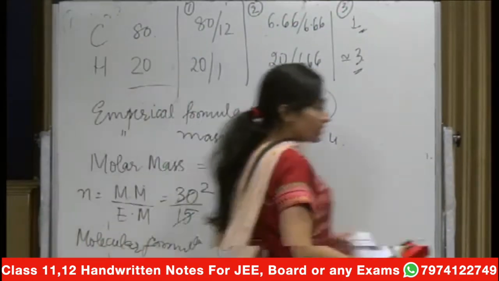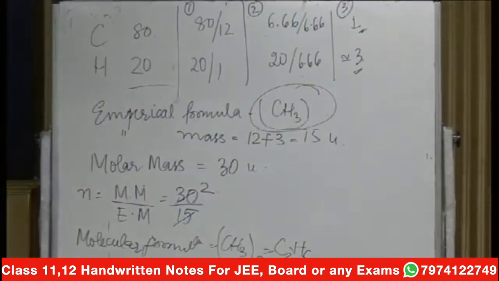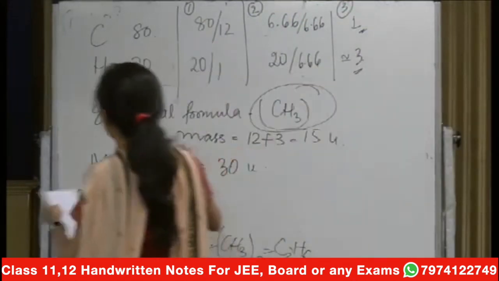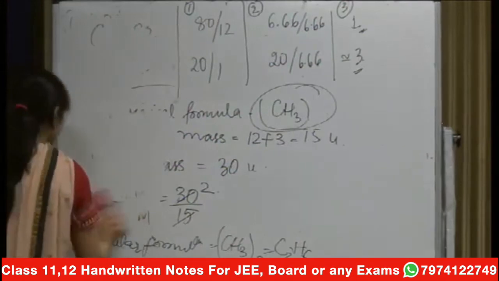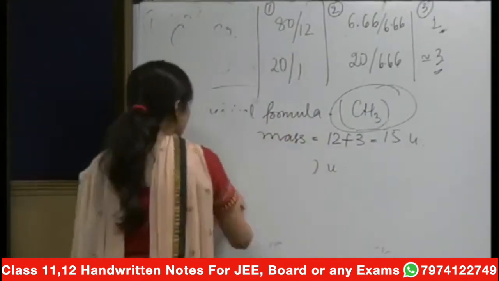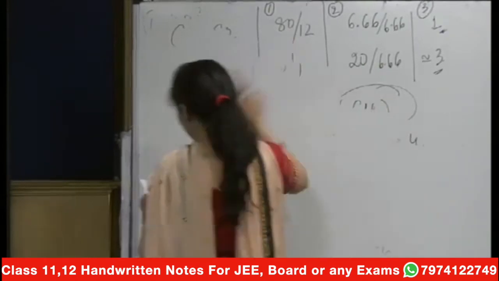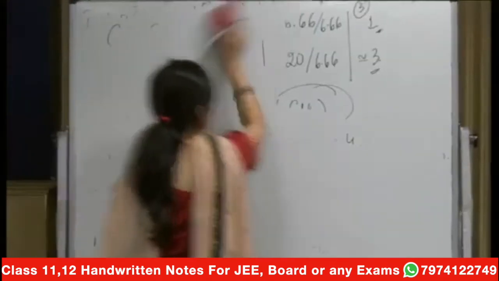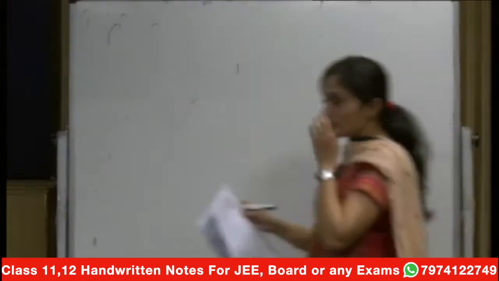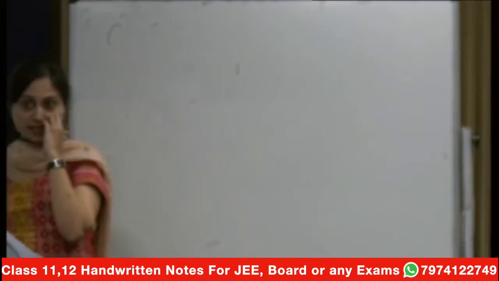Okay, I'll just check if any question is there. Just take down a question. I'm just telling you the abundance. Sodium 43.4, carbon 11.3 and oxygen 45.3. Quickly, I want it to be solved in 2 minutes. Sodium is 23, carbon is 12, oxygen is 16.